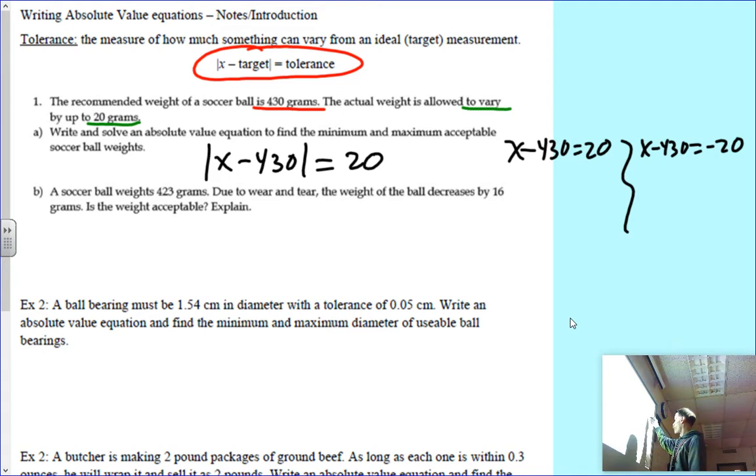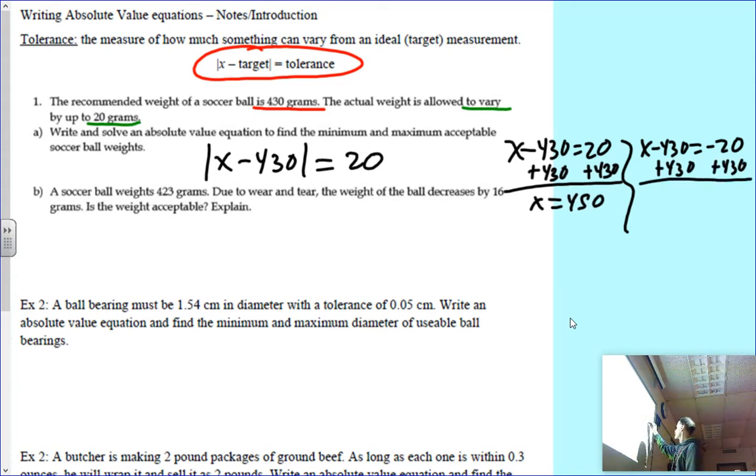Of course we add 430 to both sides on each equation. So we have x equals 450. Do the same thing here. We have x equals 410. So that's our minimum value, and that is our maximum value. Anything in between there is okay, and we can use that.